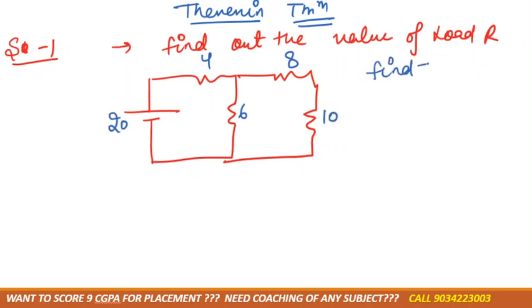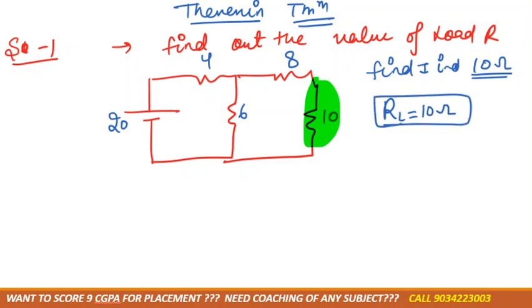Suppose they ask you to find current in 10 ohm. Okay, they ask you to calculate current in 10 ohm. 10 ohm is the load resistance. RL is equal to how much? 10 ohm. Got it?